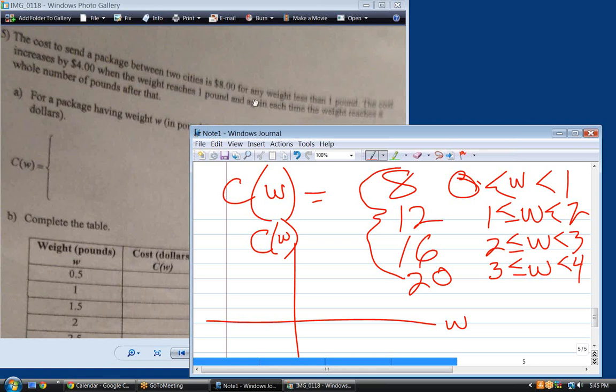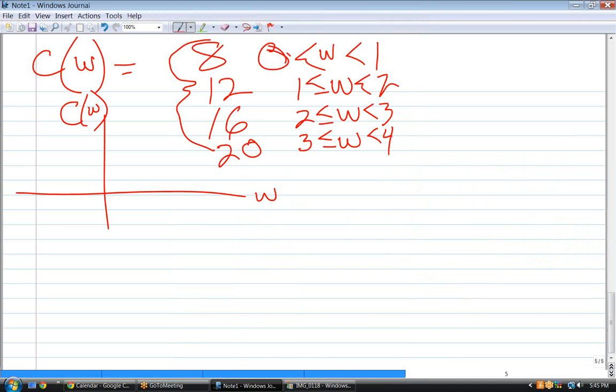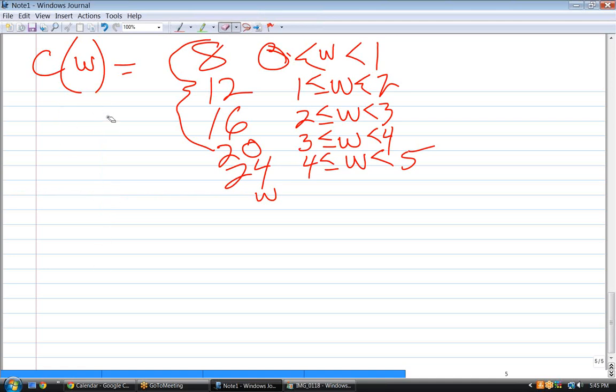And then it goes up another 4 when you reach the next whole number of pounds after that. So the way I've written it here is correct. Now let's, not quite sure how to continue to write it. In other words, it goes on forever, like this. That's why I hate this problem. But the net result, when I go to graph it, is a step function.